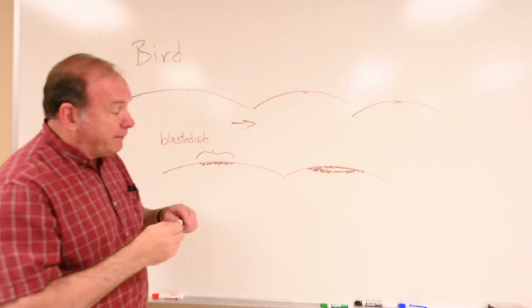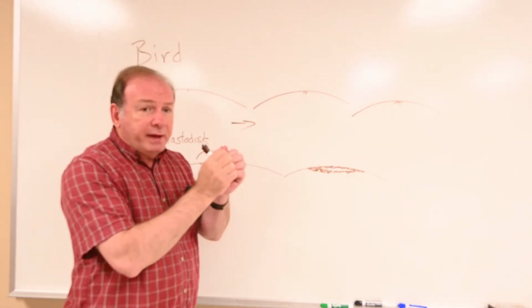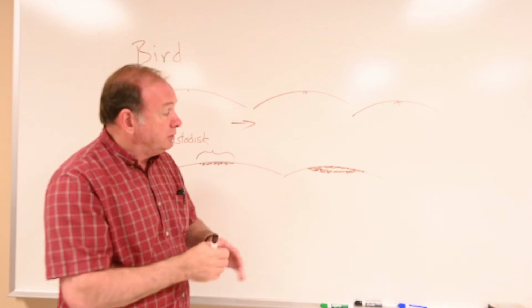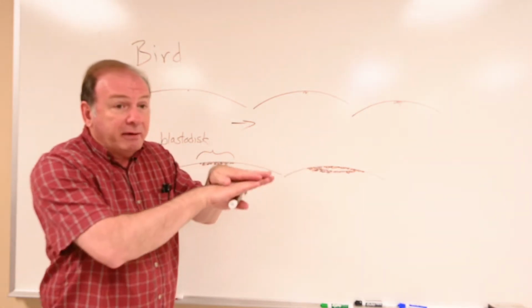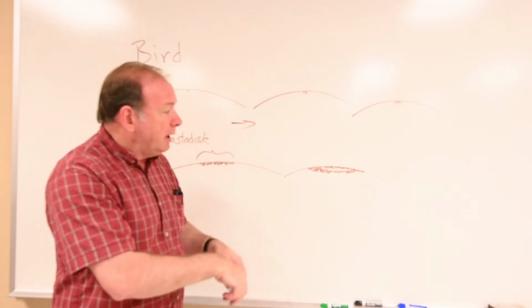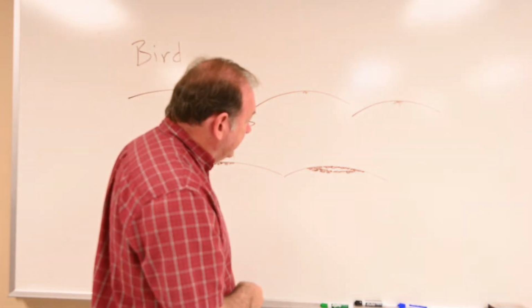So rather than the formation of a cavity within a sphere of cells like we saw with amphioxus and frog embryos, here we have the formation of a cavity by what we call delamination, separating layers of cells in the chicken embryo.